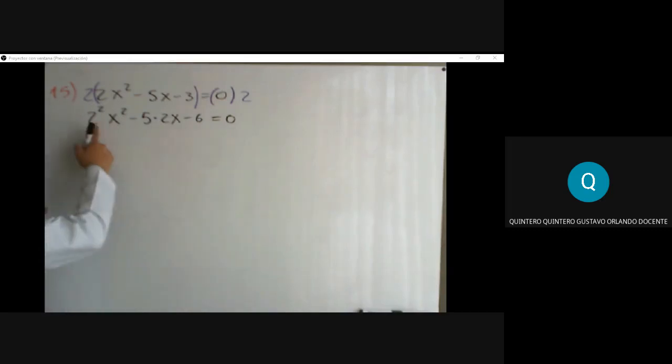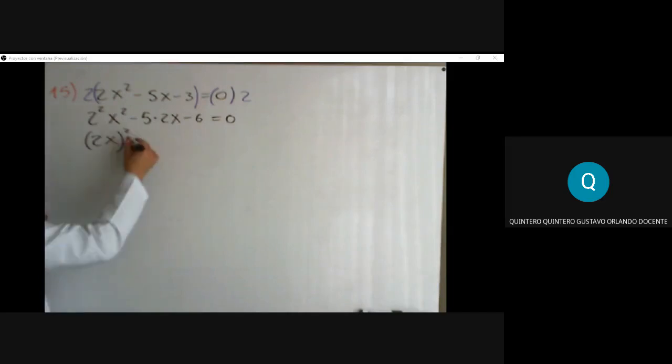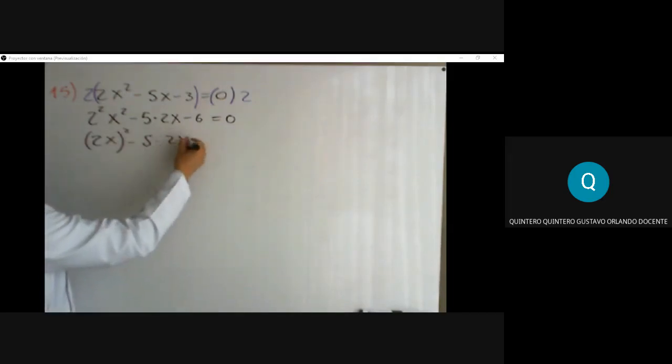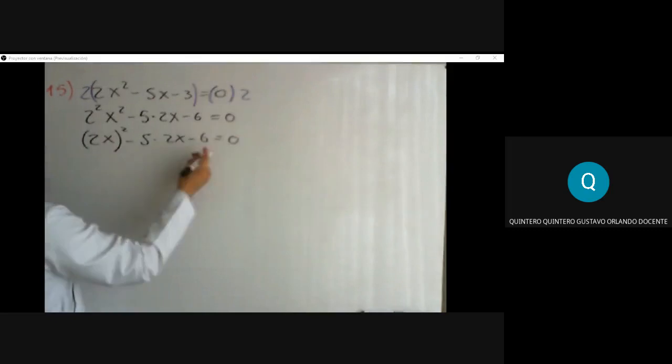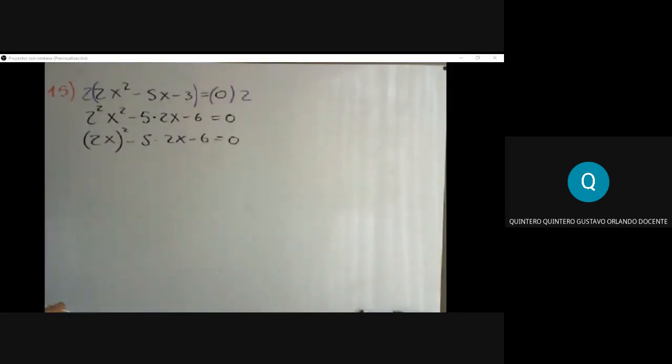From here, since you have this equation, this part of the equation, 2 to the 2 x to the 2, you can just rewrite it like this. 2x, all of it to the 2, right? Minus 5 times 2x minus 6 equals 0. I'm just leaving the same equality.